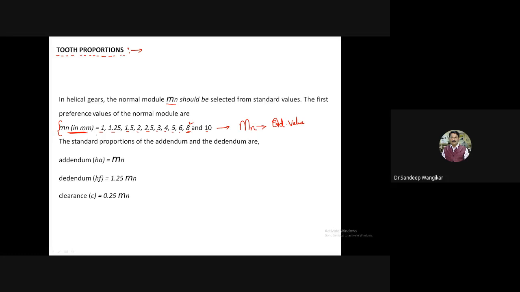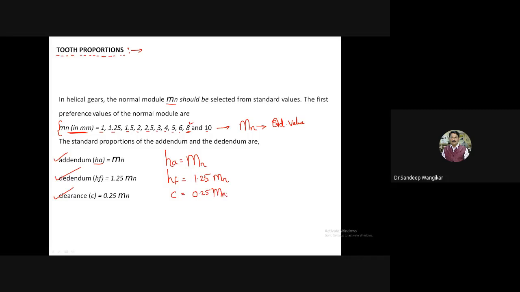Then the standard proportions of addendum and dedendum are: addendum, denoted by ha, is equal to mn, meaning 1 time the module. Dedendum, denoted by hf, is equal to 1.25 times the normal module. And clearance, these are the standard terms in gear terminology, is equal to 0.25 times the normal module.